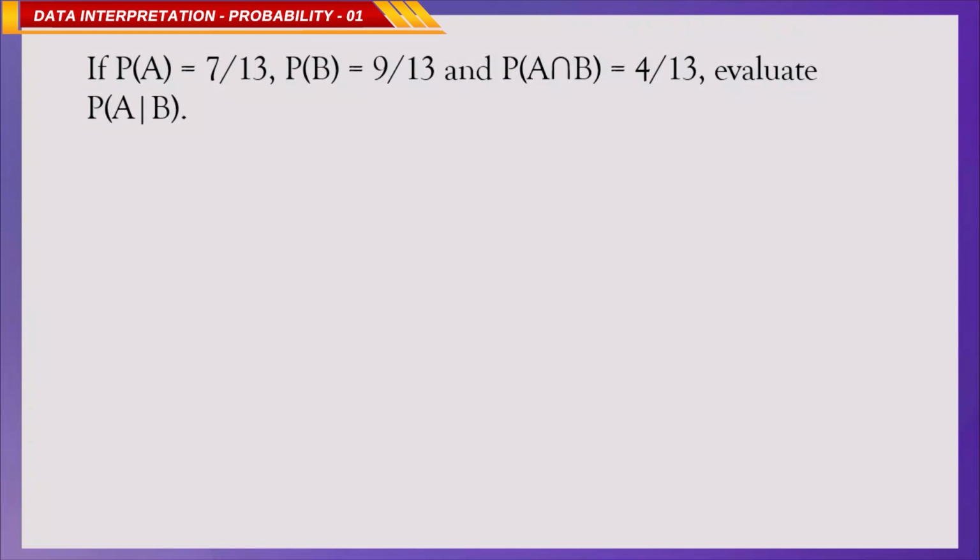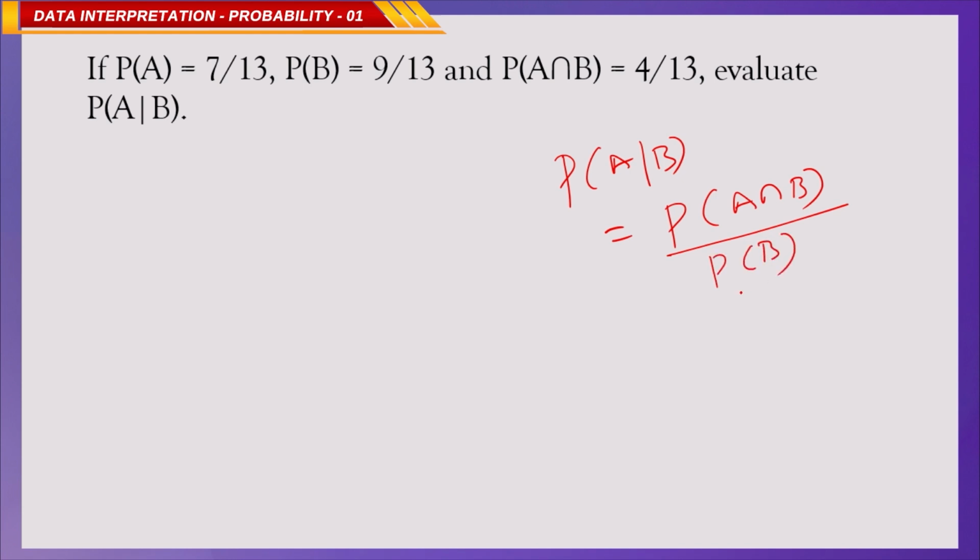P of A is equal to 7 by 13, P of B is 9 by 13, and P of A intersection B is 4 by 13. Evaluate P of A by B. Simply, P of A by B is equal to P of A intersection B by P of B. This is a formula.